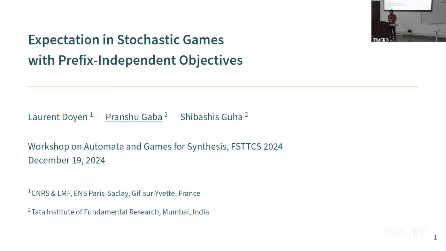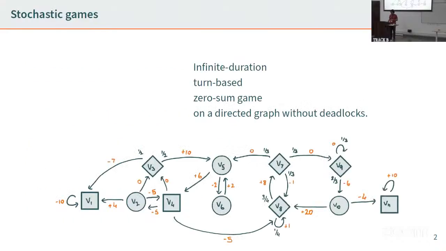Now the next thing that we looked at was expectation. So we look at something called quantitative objectives, and the players will now try to maximize the value they can attain in expectation.